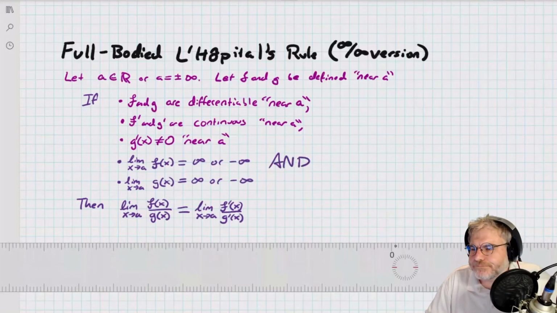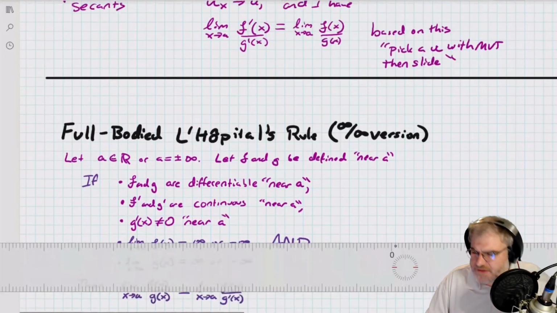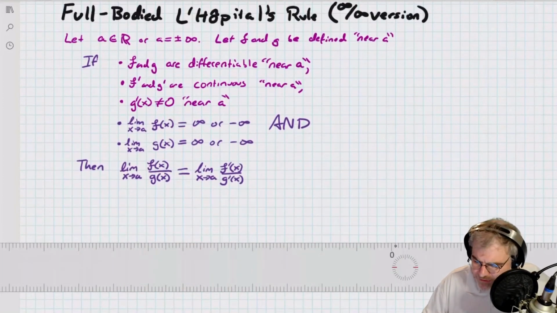That's it. Same theorem, same everything. And if you want to prove this from the other version, what you do is you work backwards to prove it.